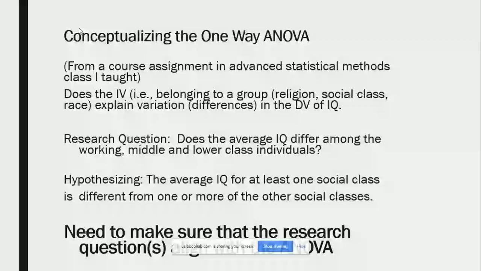Don't just say there are differences between the groups. You have to specify the variable of difference that you want to see. So hypothesizing the average IQ for each social class is different from one or more social classes. And as I stated earlier, you need to make sure that your research questions align with what you're going to do in the ANOVA.